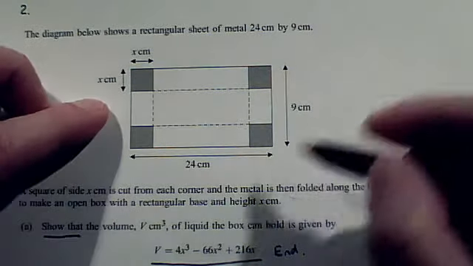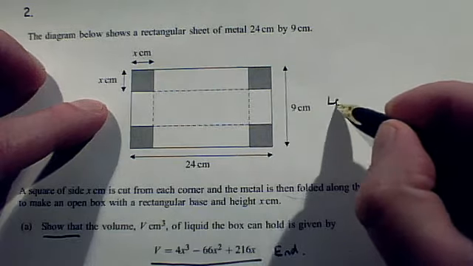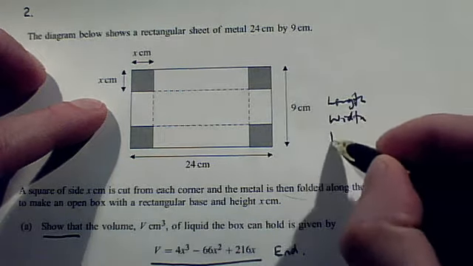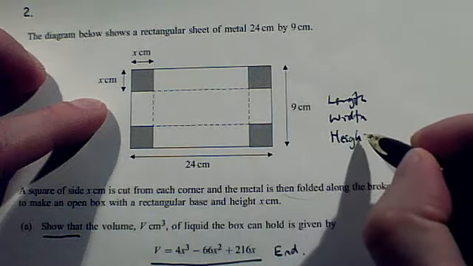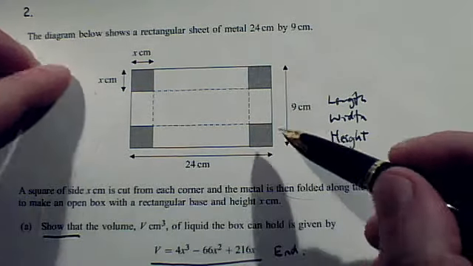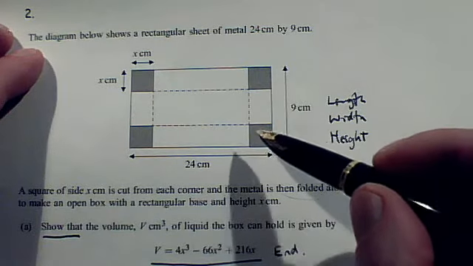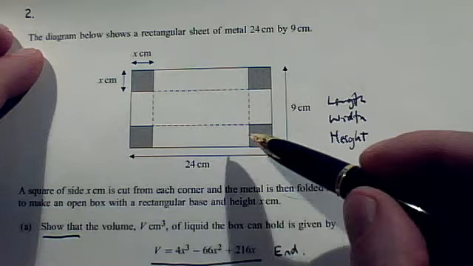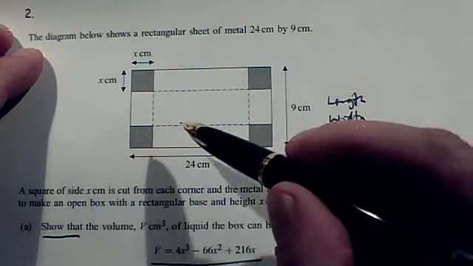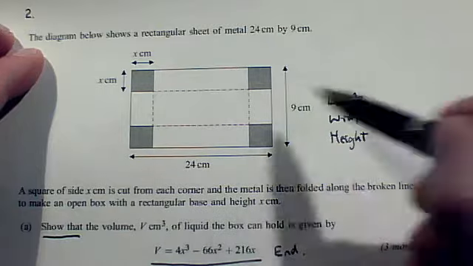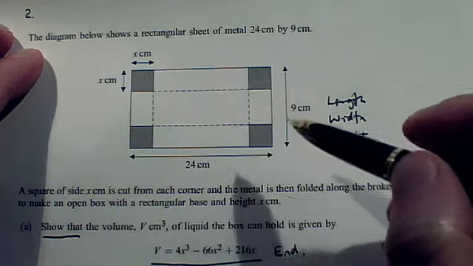And the way to get to your formula for V is get the length and the width and the height of the box in terms of x. Now to help you visualize this, in your chapter 6 booklet, in an early exercise, there is a series of pictures that show how this turns into the box, and that may help you visualize.